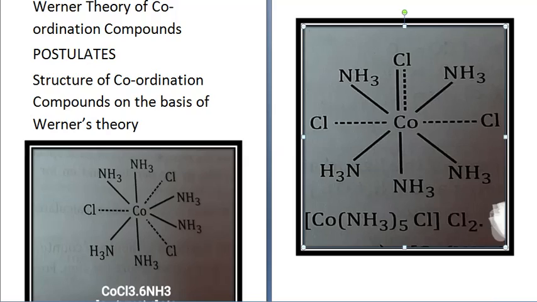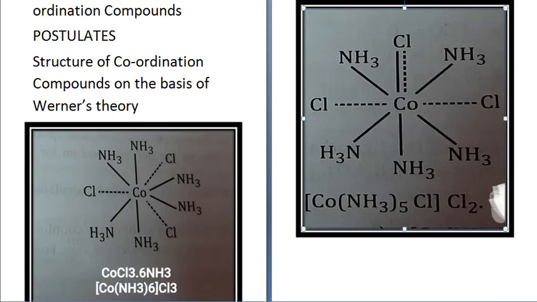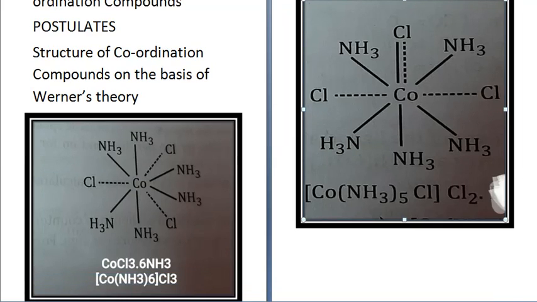For example, in the compound [Co(NH3)6]Cl3, the primary valency is 3 because the ionizable part is Cl3. The secondary valency is 6 because the non-ionizable part is 6 NH3.